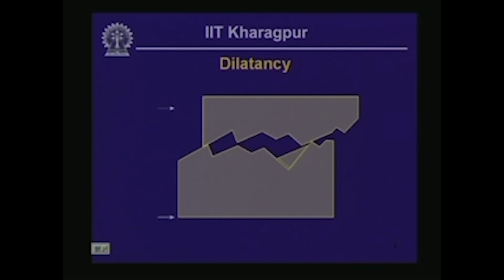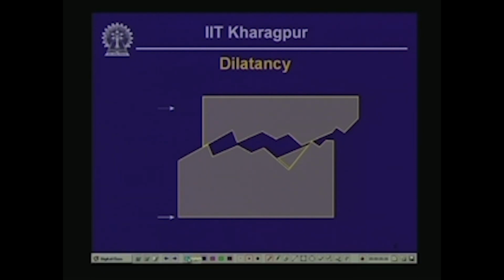You will see that in order for the sliding to take place, the top piece of the rock has to climb up in order to climb across the serrations of the joints, and if the normal stress applied during conducting such type of test is large enough, then in fact the joints may shear and break off, as is shown by this particular piece here.